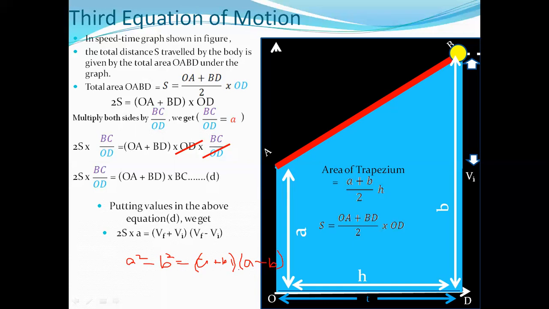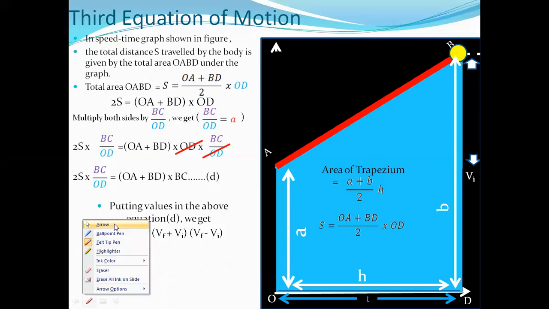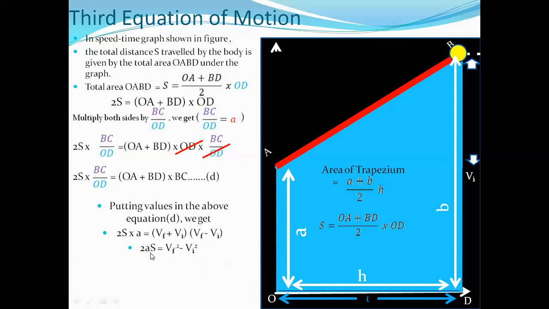So if we multiply these two values, we get A square minus B square. The same formula can be applied over here, because there is one plus between the two terms and one minus between the two terms. So if we multiply, we'll get 2AS is equal to Vf square minus Vi square. This is the equation of motion.